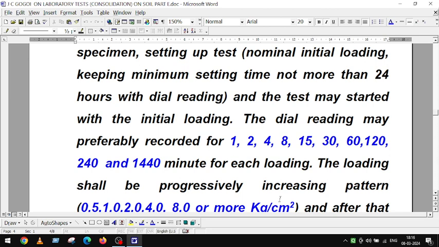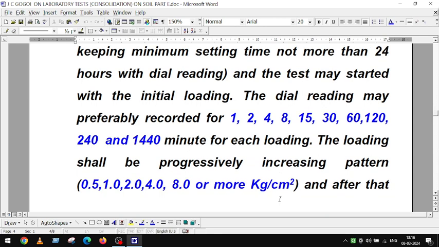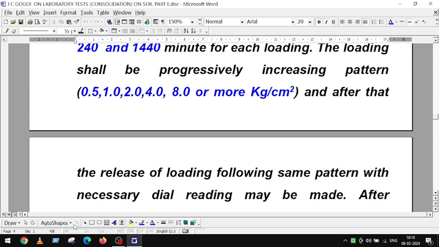You can go for hard clay, you can go for 10 kg also. And after that, the release of loading following the same pattern with same dial reading, that is time factor, may be made.